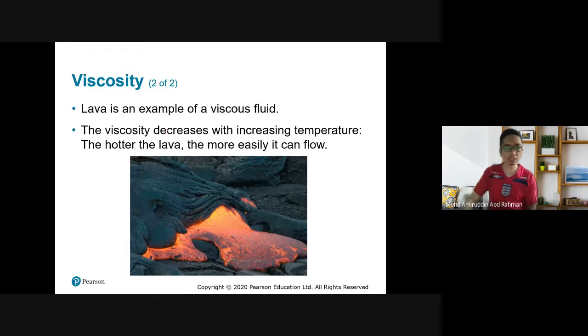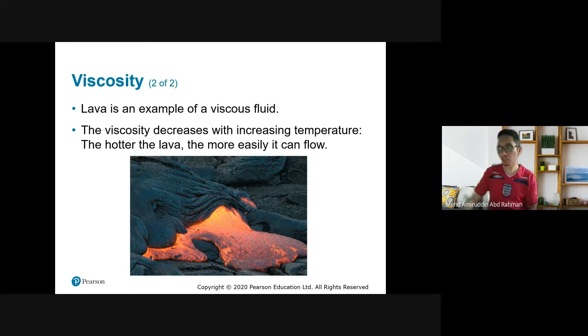Viscosity can also be termed as whether it is easier for the fluid to flow.